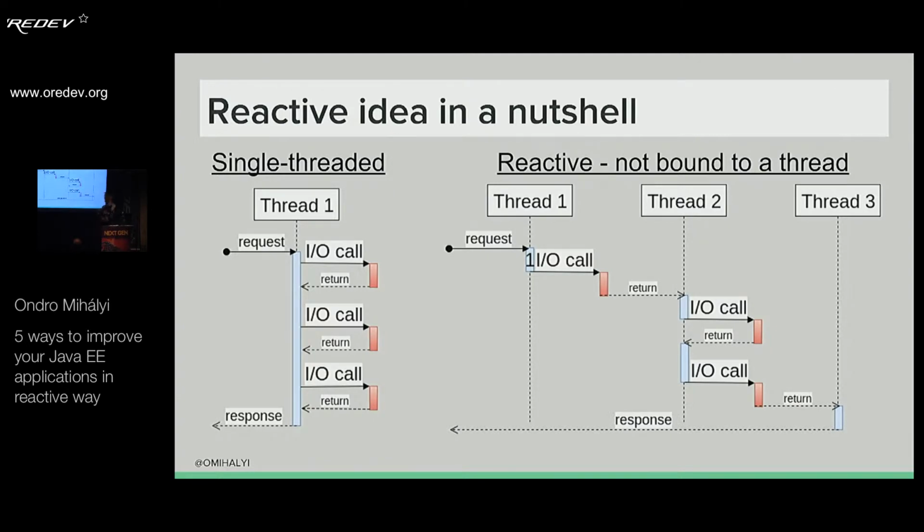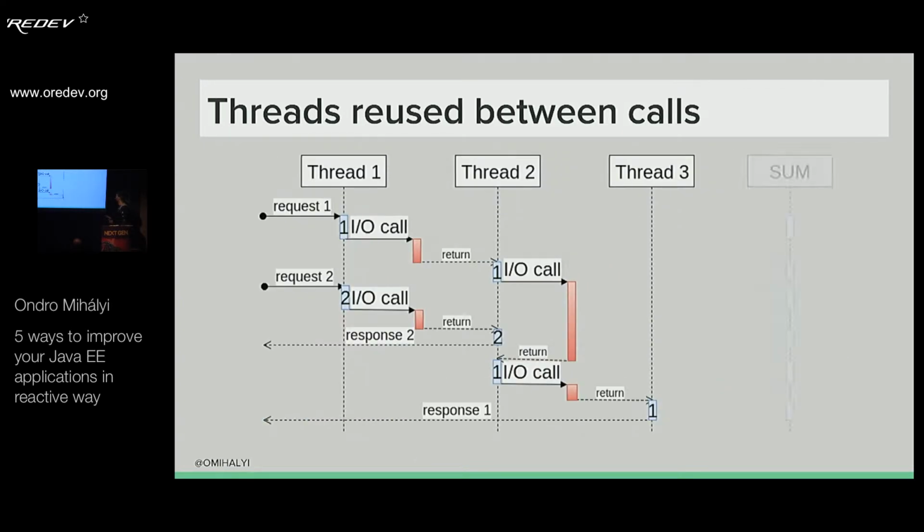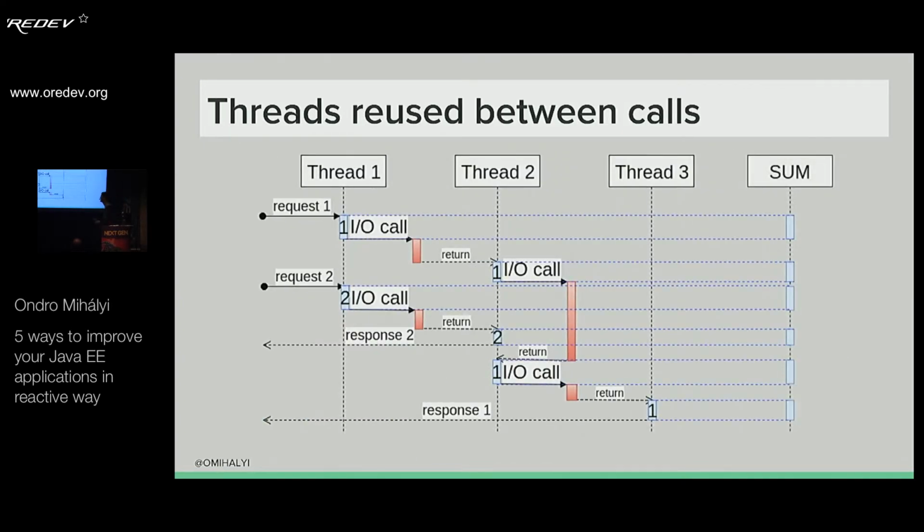So basically the request processing jumps between threads and is only triggered when there is some data we need to wait for to continue the request. And you may see that in the end, you block threads for much less time.